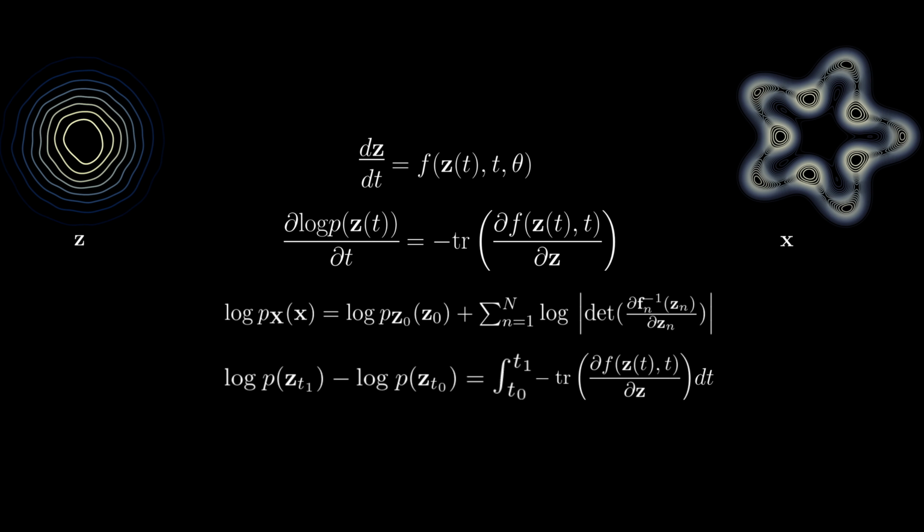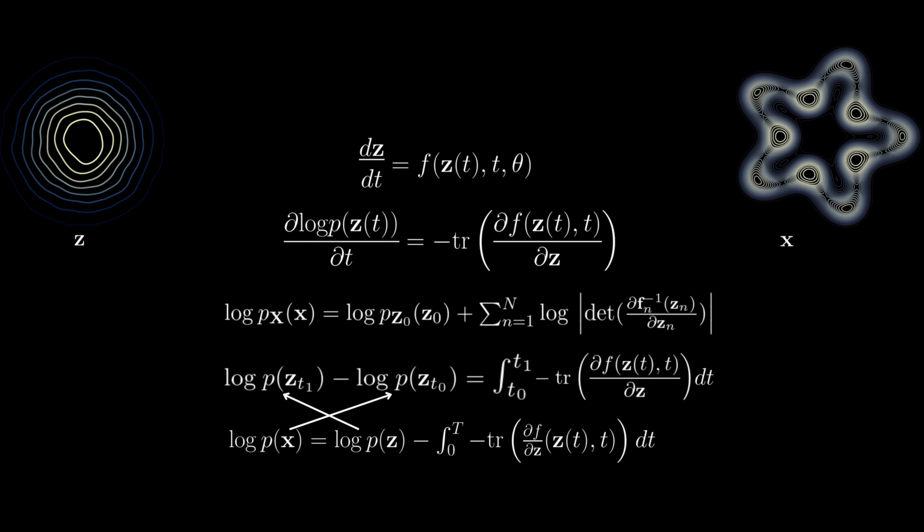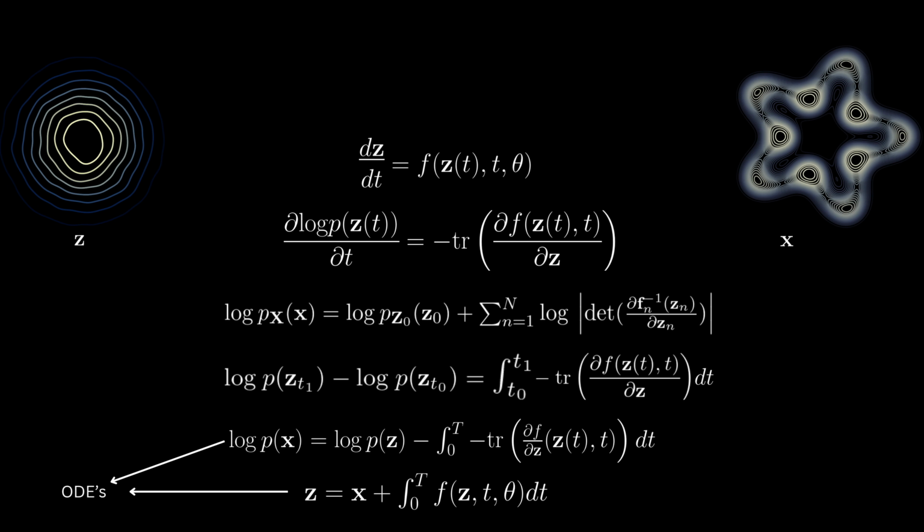As during training, we start with data point x at t0 and at t1 or final time, we have our sample z from simple latent distribution. We can rewrite this expression as this, which means both the final z during training and change in log probability from data point x to z0 can be obtained by solving their respective ODEs.